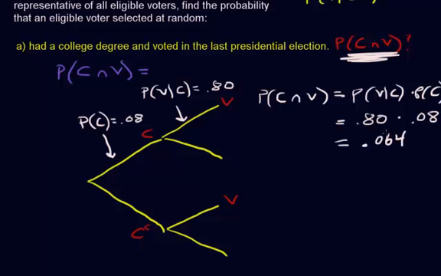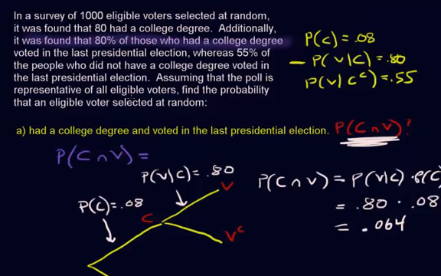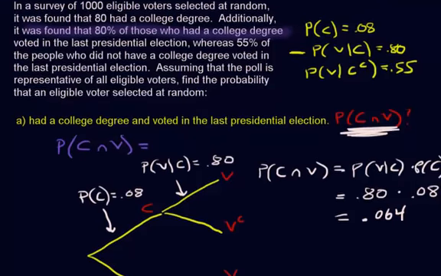All right, so that's the answer to our first question. But before we move on to the second question, let's figure out how to fill in the rest of this information. Here, this is the branch for people who did not vote. Nothing up here said anything about people not voting, but based on the tree diagram, I know I can figure this out.